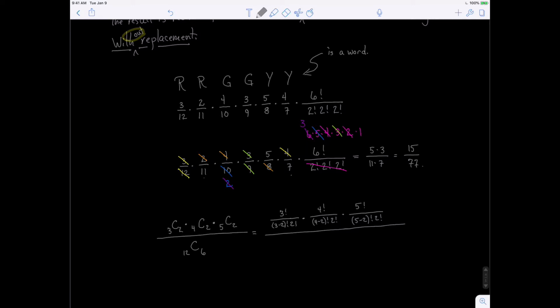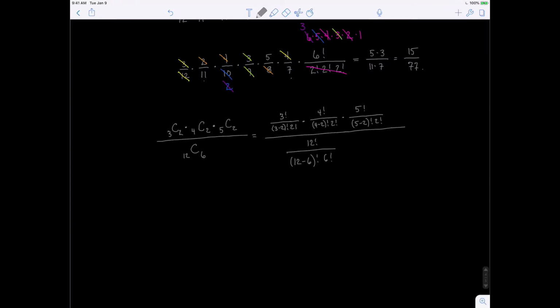All of that is over 12 factorial over 12 minus 6 factorial, 6 factorial.